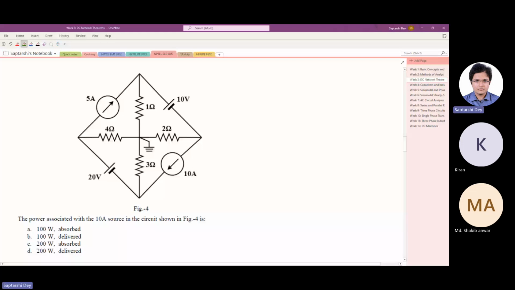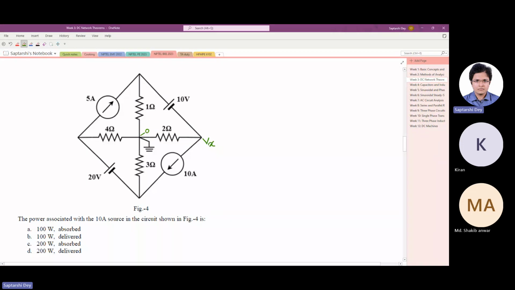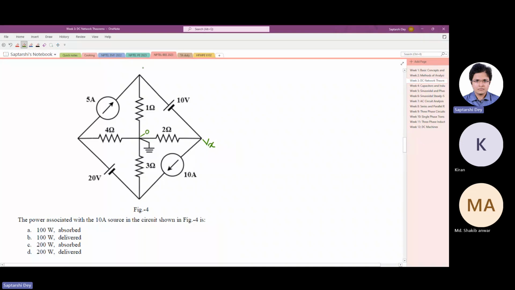Okay, let us see if we can do this with node analysis. Let us take this one as 0 volt, and this one I take as Vx. I think I have to take another variable somewhere, Vy. If this is Vx, then this is Vx plus 10.